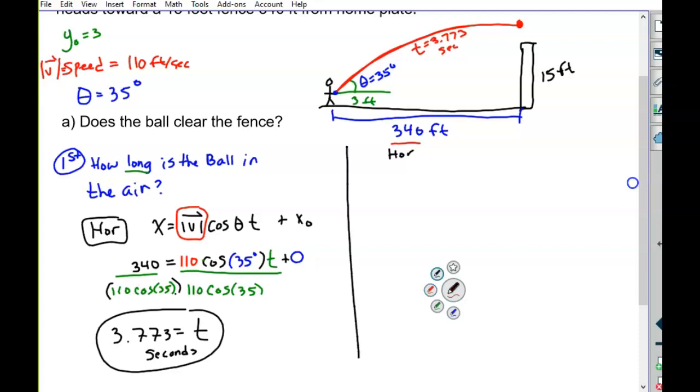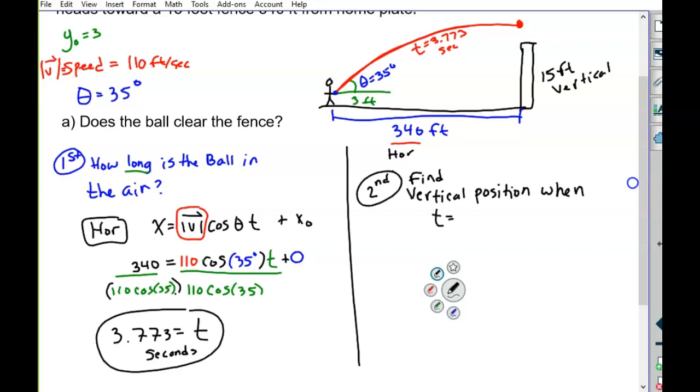Well, the clearing of the fence is talking about the vertical motion. Well, now we know how long it takes. This would be kind of the second step to this equation: now let's find the vertical position when we know how much time has passed.